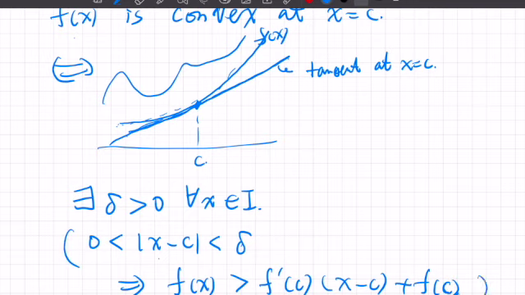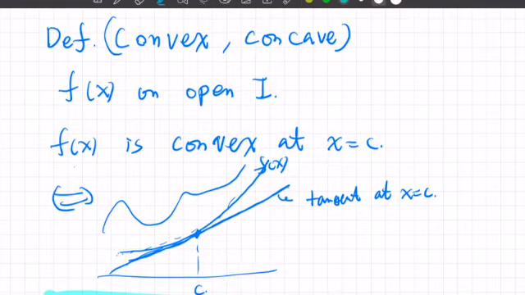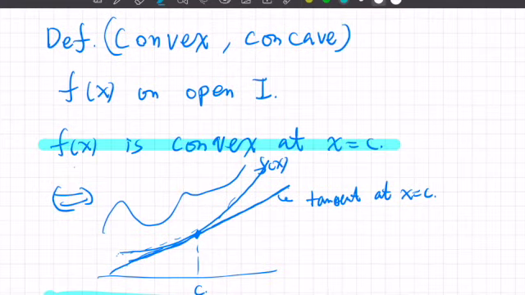Okay, so if this condition is met, then we say f of x is convex at x equal to c.